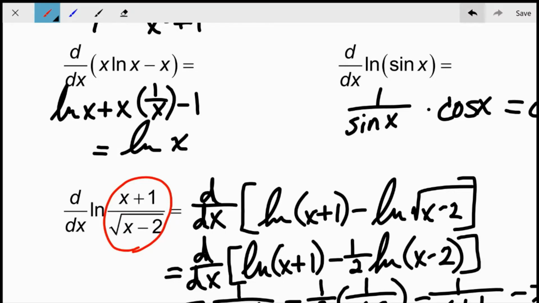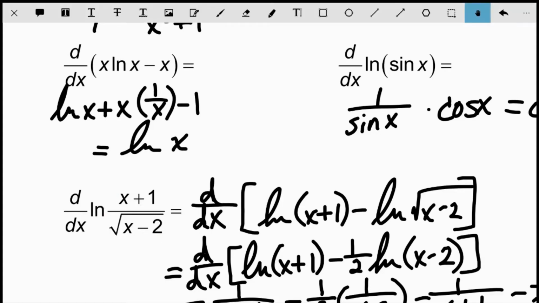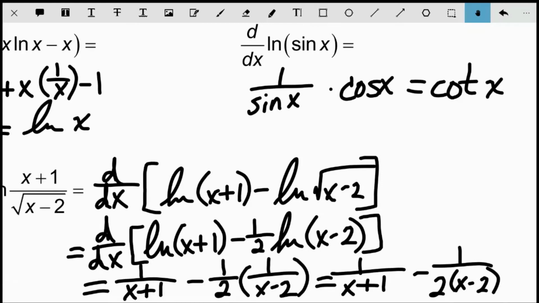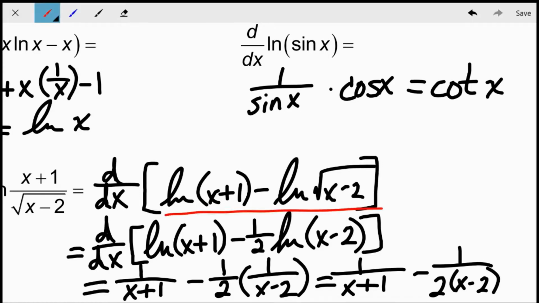So what I did here instead to simplify this problem is I used log properties. I know that if I have the log of a quotient, I can rewrite that as the difference of two logs. And so that's what my first step was. Rewrite this as the difference of two logs. In addition to that, I can continue to use log properties. I have natural log of square root of x minus 2.